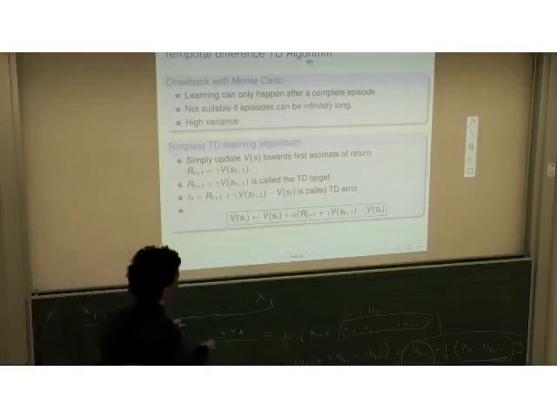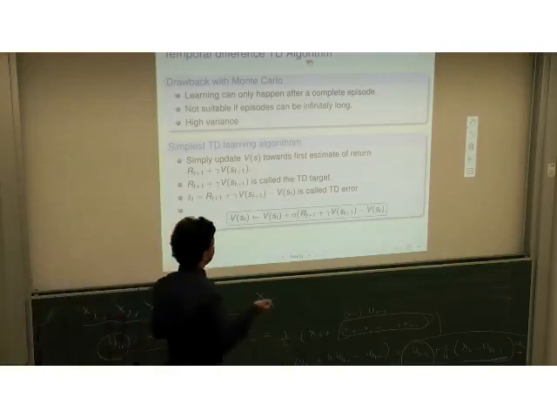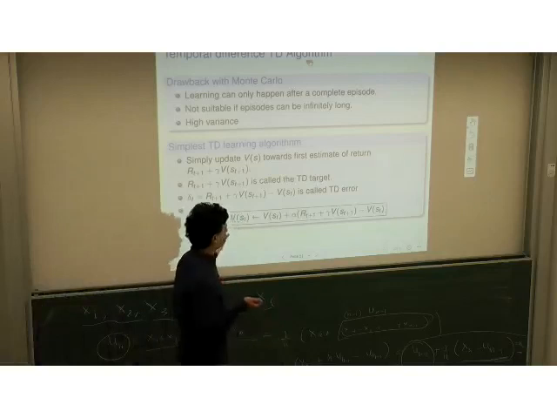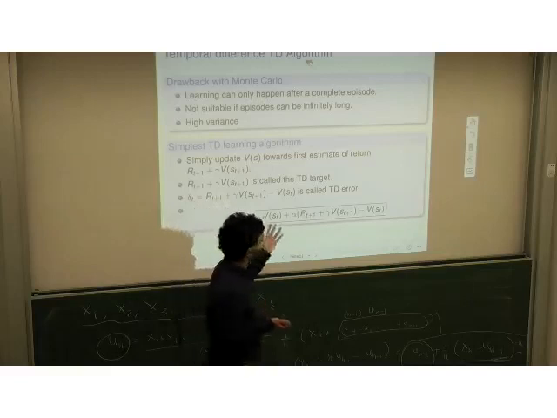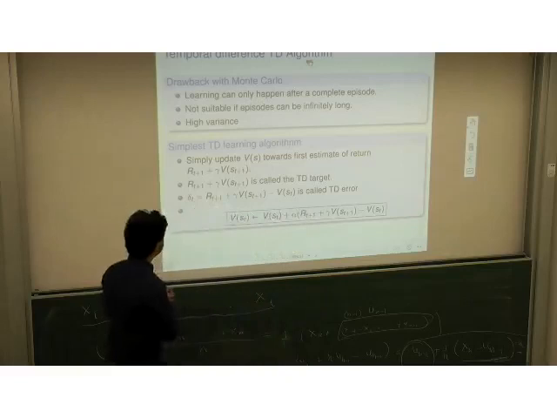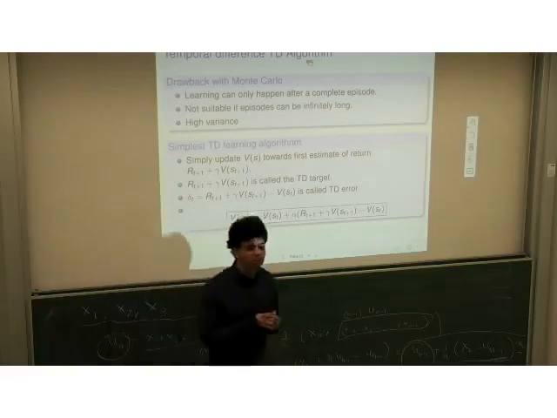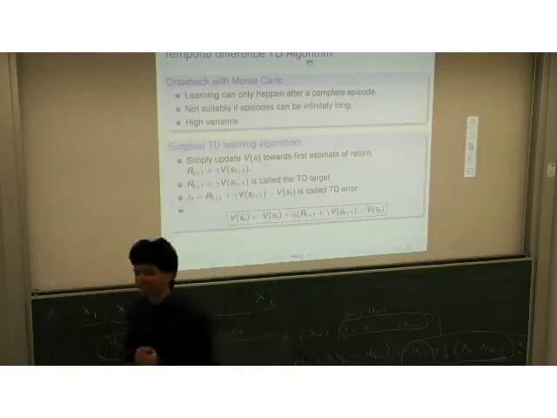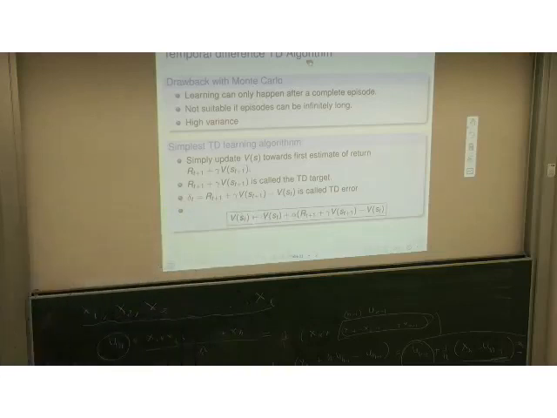So now we see there is an error between our observation and our assumption. So we update our assumption a little bit towards the observation. This is also a fairly reasonable attitude, I would say.